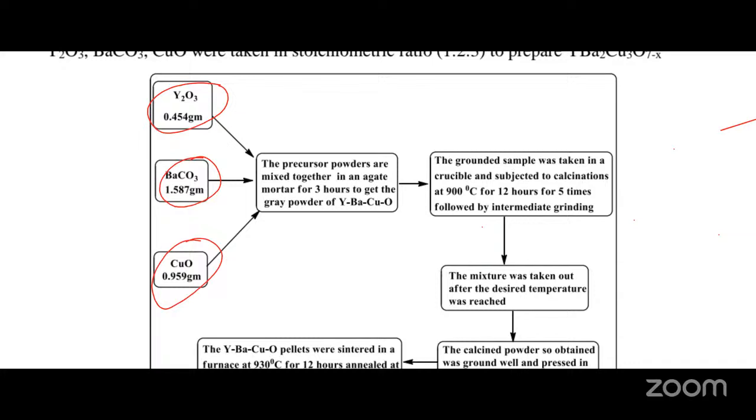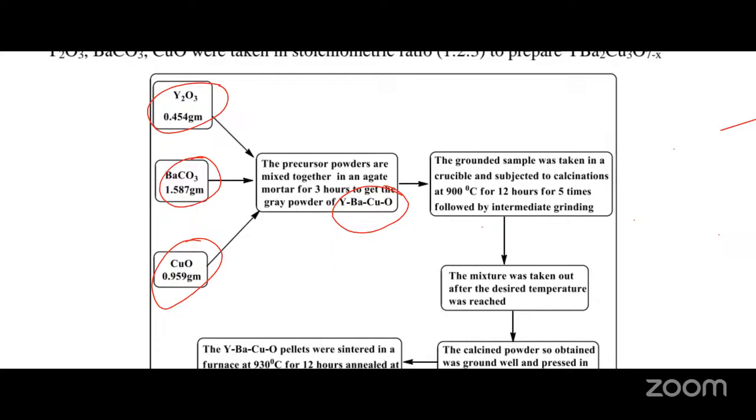All of this we have to mix with each other, right? Yttrium oxide, barium carbonate, and copper oxide. Mixed together for around 3 hours, we can get a composition-containing powder.